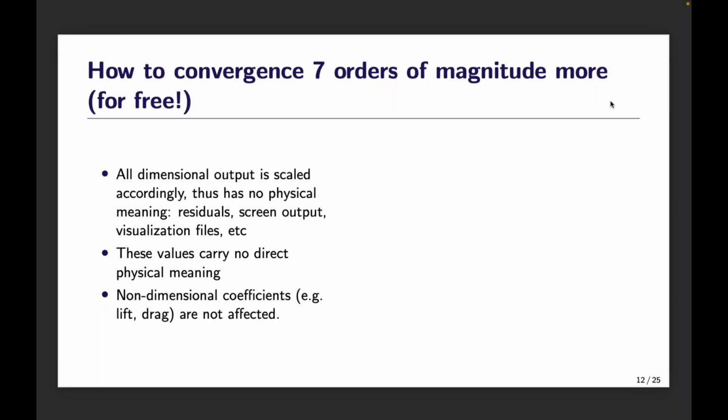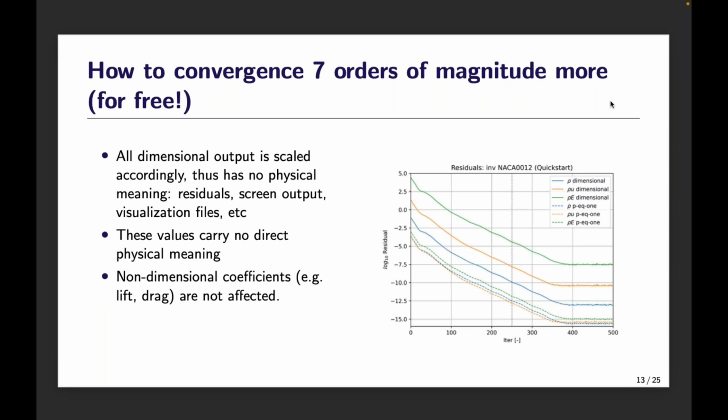We bring especially energy and density very close together in terms of value, where they are usually 5 or more orders of magnitude apart in absolute value. And this has a great effect on the convergence plot, on the residuals, although there's no noticeable difference whatsoever in the output that you look at, or in the non-dimensional coefficients like lift and drag.